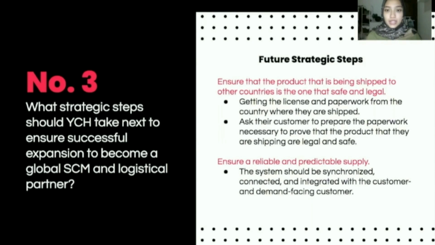So they can do it by getting the license and paperwork from the country where they are shipped from, so that they won't have any legal problem later in the country. YCH would also ask their customers to prepare the paperwork necessary to prove that the product they are shipping is legal and safe. So this way they can cut more time on the operation.